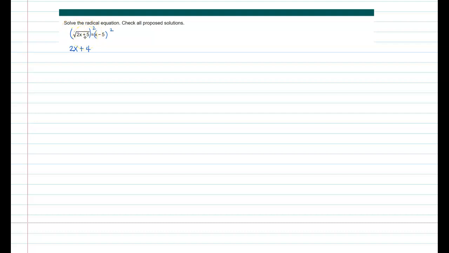When you square a square root, you essentially cancel the square root. So you will have 2x plus 5, not 4, 5. 2x plus 5 is equal to the quantity x minus 5 squared.